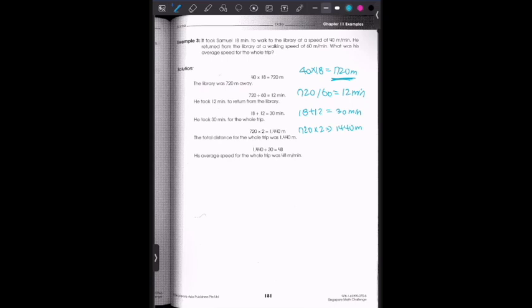To get the average speed, we're going to do 1,440 divided by 30, which is going to be 48 meters per minute. And so his average speed would be 48 meters per minute.